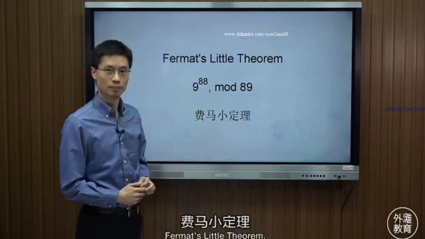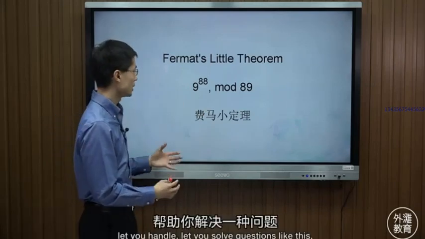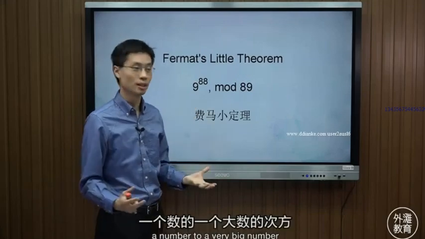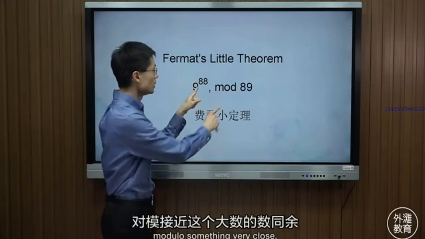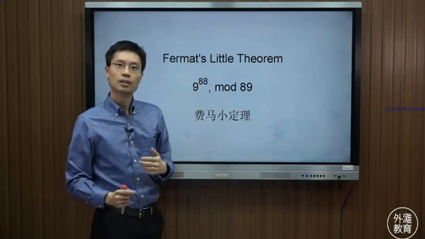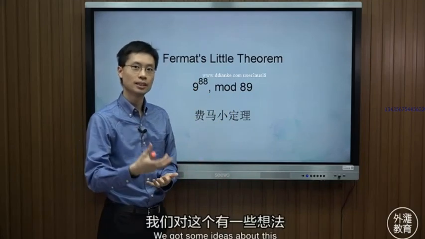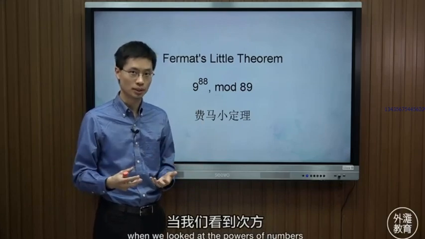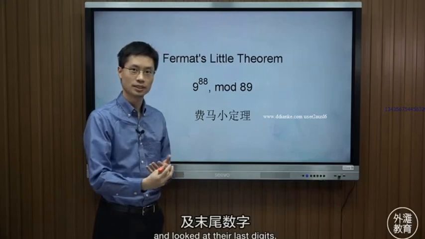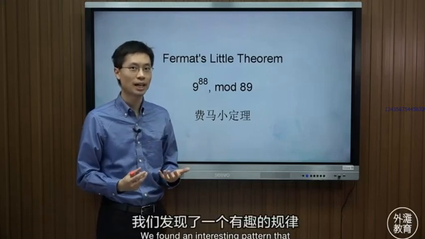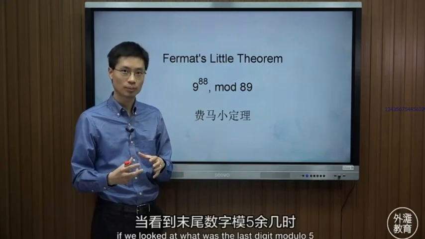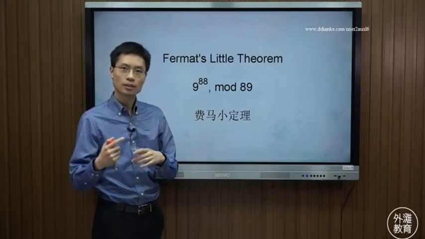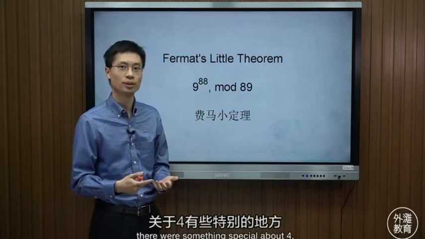Fermat's little theorem lets you solve questions like this: a number to a very big number, modulo something very close. We got some ideas about this when we looked at the powers of numbers and looked at their last digit. We found an interesting pattern that if I looked at what was the last digit, modulo 5, there was something special about 4.